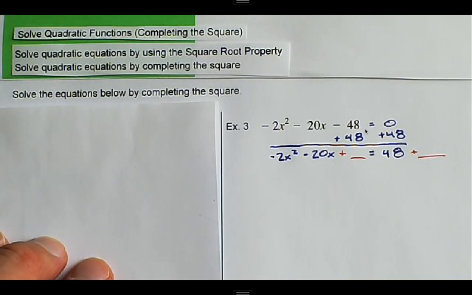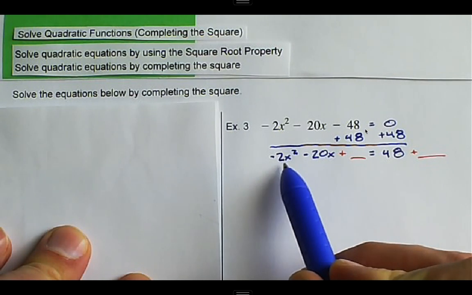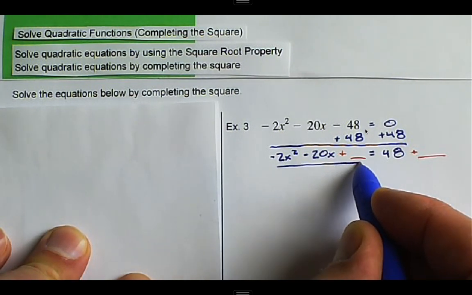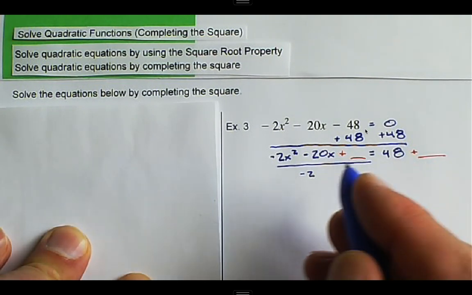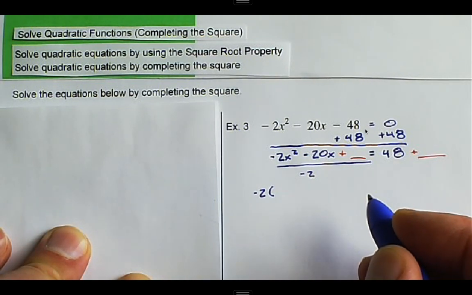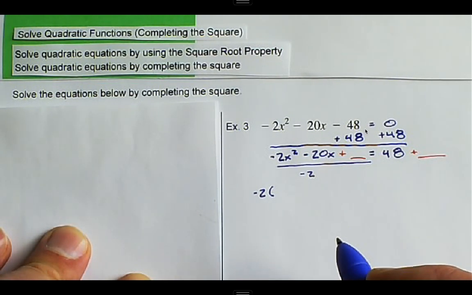So the next issue we have is our lead coefficient is not 1. In order to make this 1, what we're going to have to do on this left side over here is divide by -2. And we don't have to do it on both sides because we're going to maintain that -2 right there. So the -2 is going to stay there.